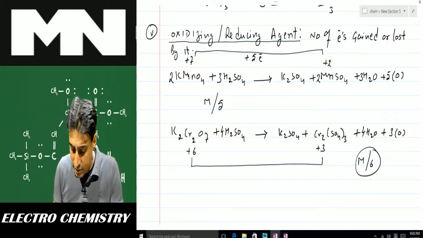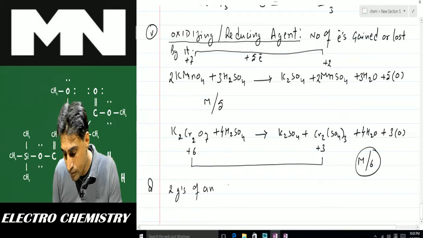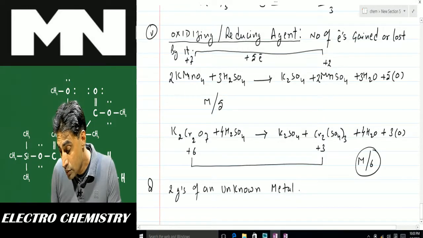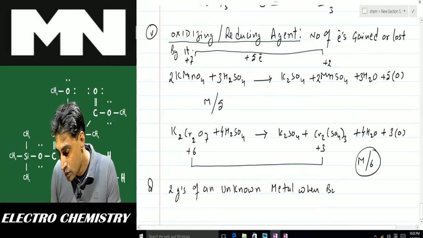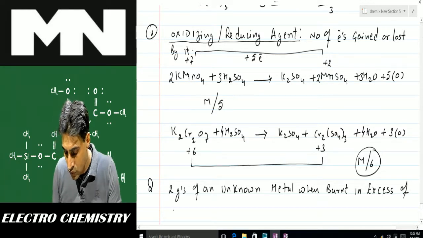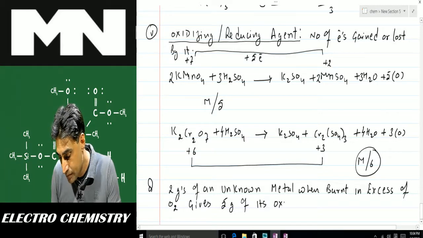Suppose a question says that 2 grams of an unknown metal, when burnt in excess of oxygen, gives 5 grams of its oxide.